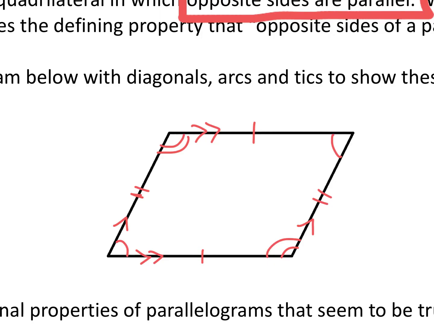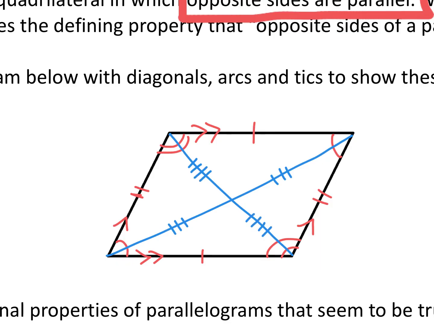So for our diagonals, we'll go vertex to vertex, vertex to vertex. And it looks as if the diagonals bisect each other. What that means is they cut each other in half. So like this half right here is going to be congruent to this half. And then this half right here is going to be congruent to this half.